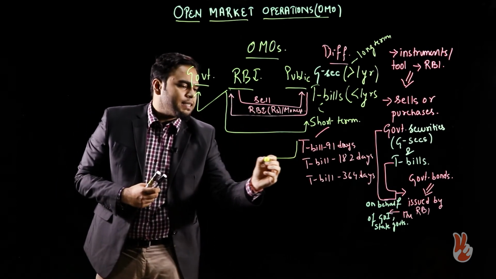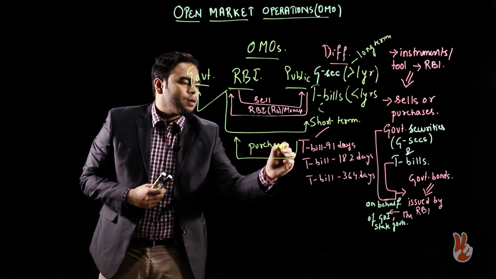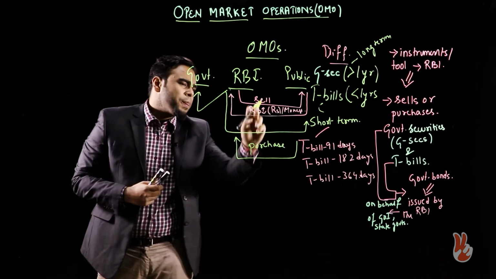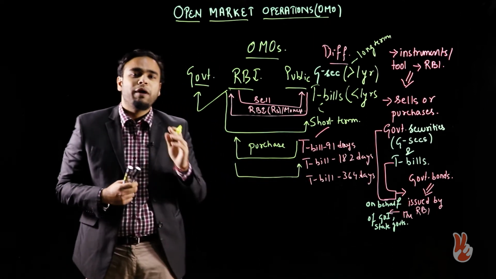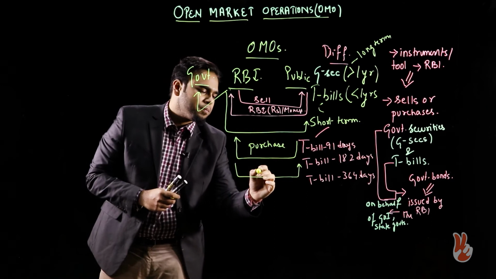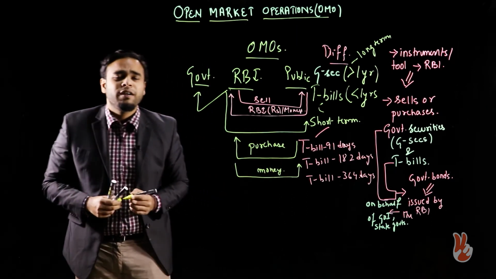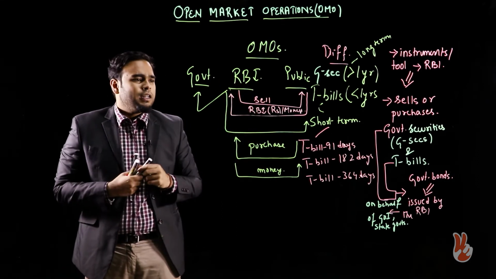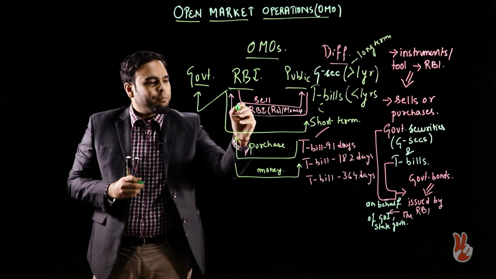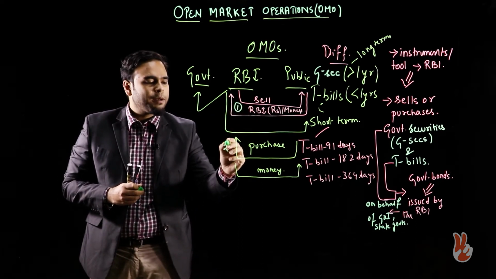Now in this case the RBI will purchase from the public, and in this case what will happen? Money will flow towards your public. Fine. So, what is the difference between this scenario and this scenario? Suppose this is example 1 where the RBI is selling it, this is example 2 where the RBI is purchasing it.